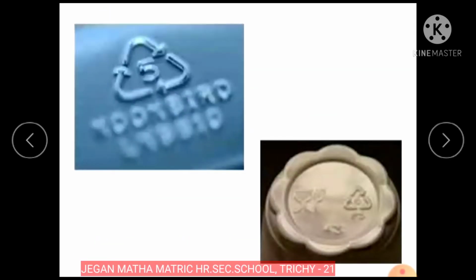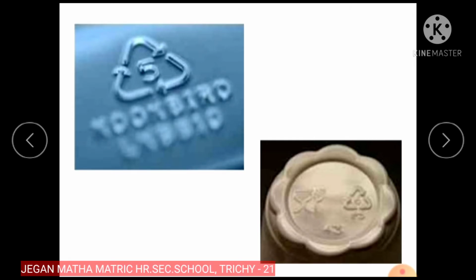Look at the chasing arrow triangle shaped symbol on the bottom of the plastic bottle, on the brand label sticker or on the lid of a container. What number is marked in the center of the triangle? What letters, that is acronym, are below this?